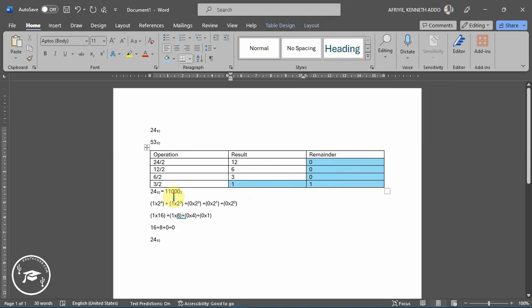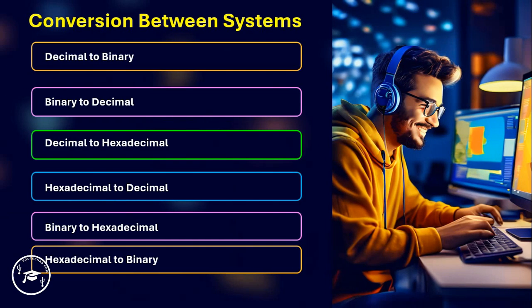Great. So for the sake of time, I'll leave this as an exercise for you. You can use this to do your conversion decimal to binary, then binary to decimal. So quickly look at the next one, which is decimal to hexadecimal.